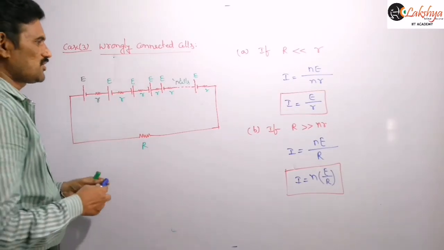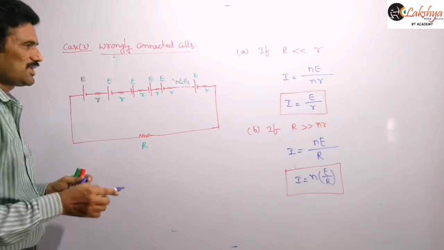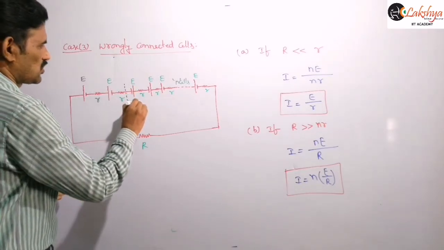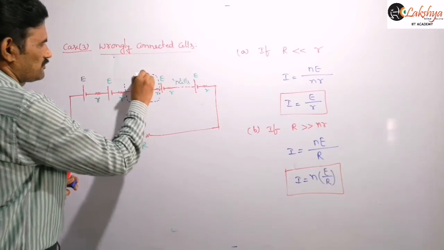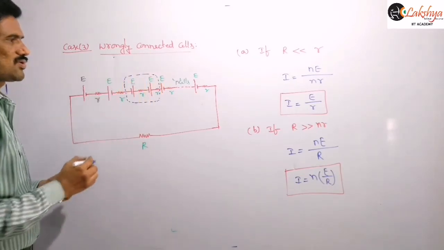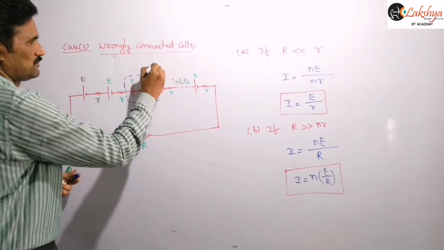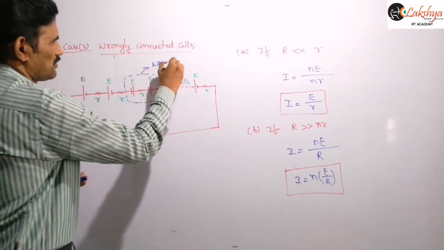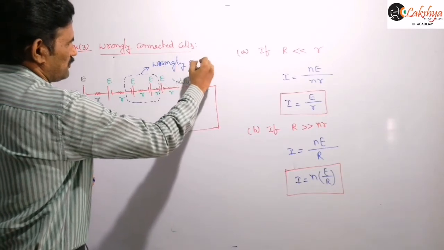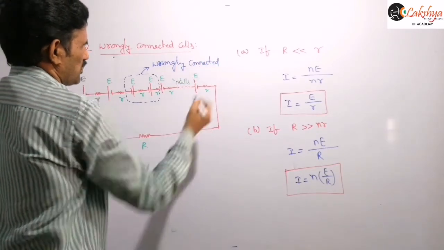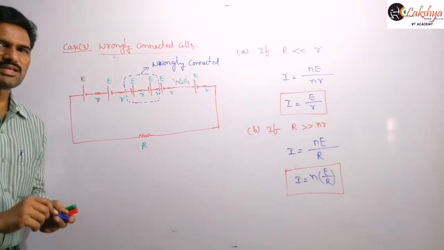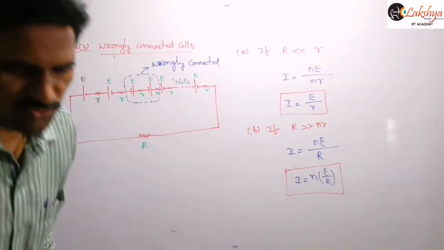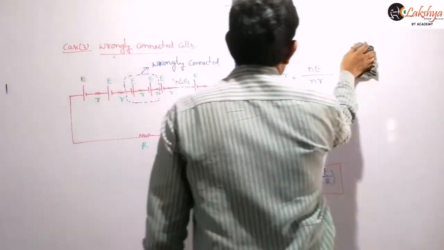For example, here I am showing these two cells wrongly connected. I am assuming that out of these n cells, m cells are connected wrongly.